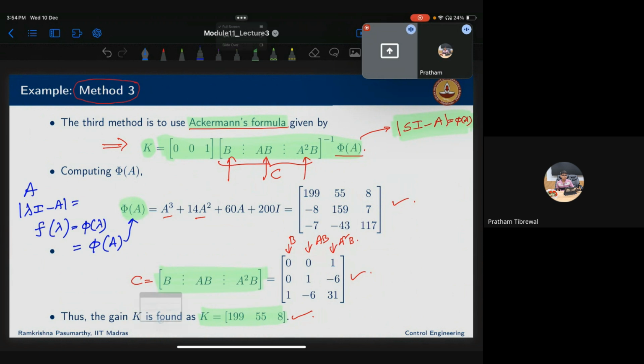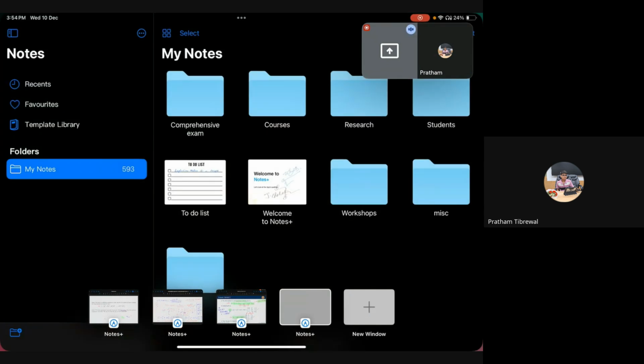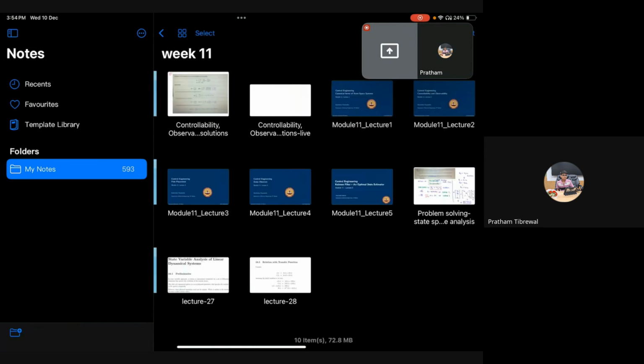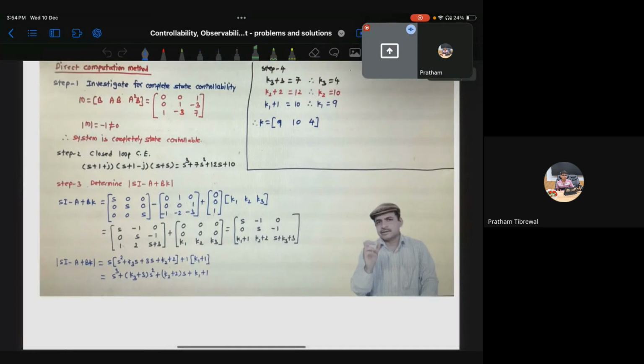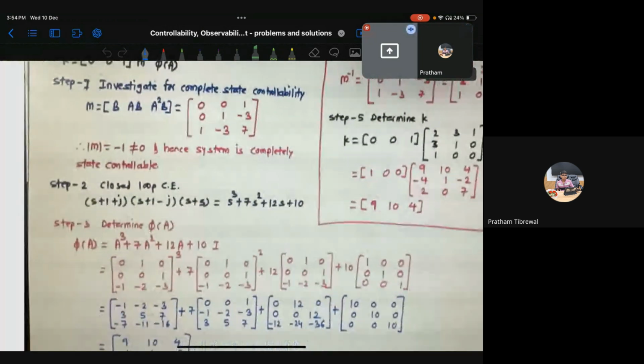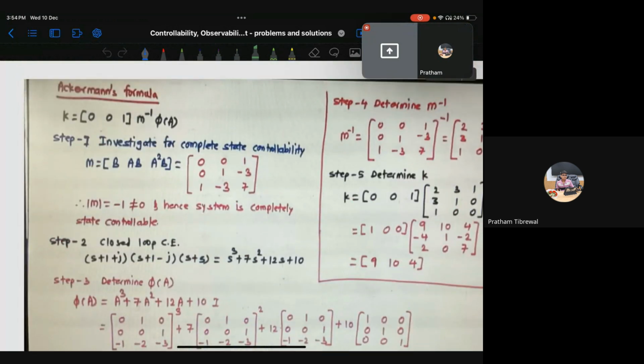Let me show you one example, because I don't have much time to discuss that, so that you'll understand better. I'll share this example with you also. Here you can see, this is for the Ackermann formula. The A matrix and B matrix are given. This is our formula. This is the C matrix, so you are finding the C matrix.